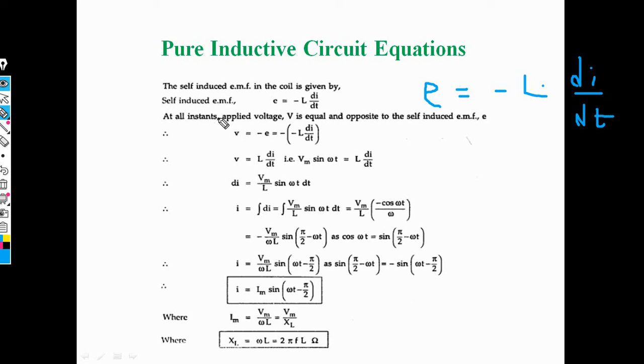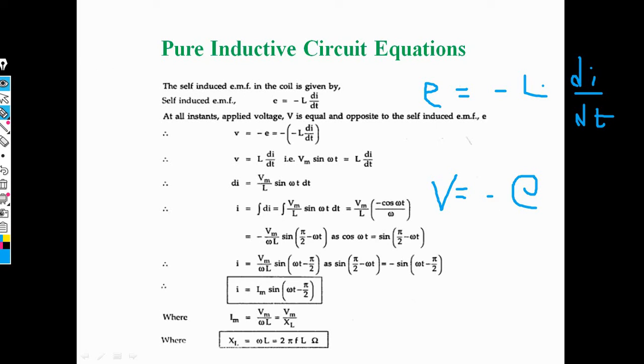Here the applied voltage is equal to minus the self-induced EMF, because the negative sign shows that the self-induced EMF is opposite to the applied voltage. That is, V is equal to minus E.